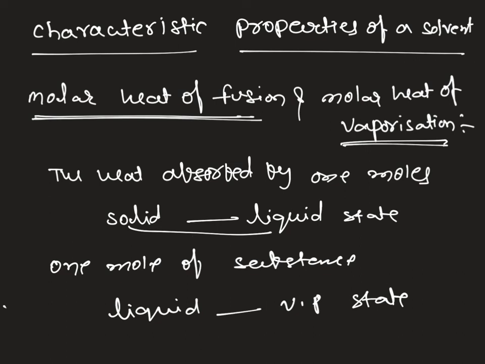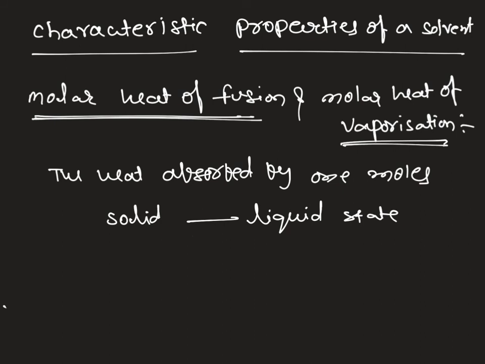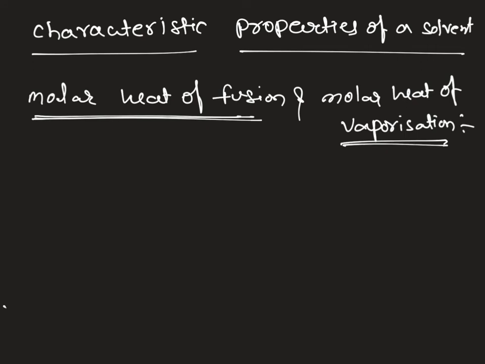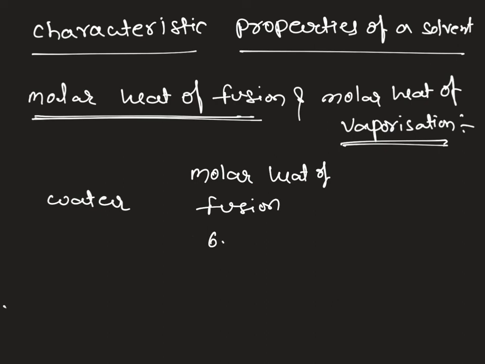Let's take one example, water. The molar heat of fusion of water is 6.02 kilojoules per mole. This much energy we have to supply to convert 1 mole of water from solid to liquid.